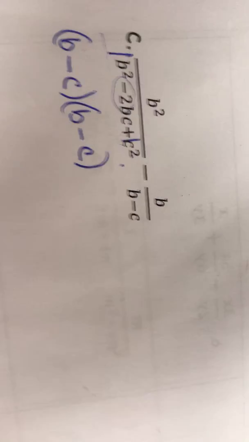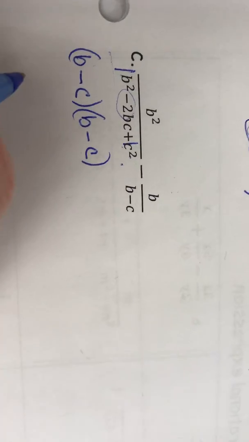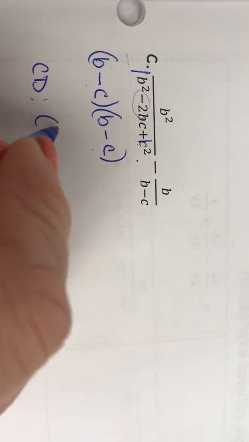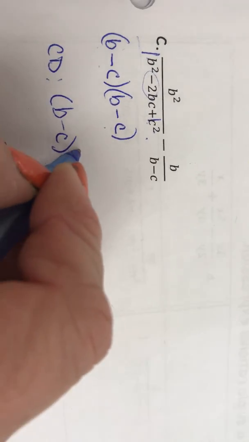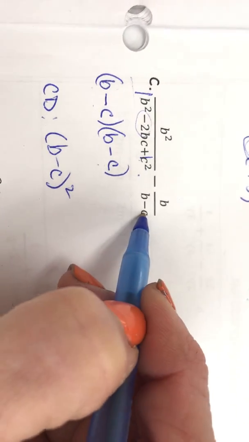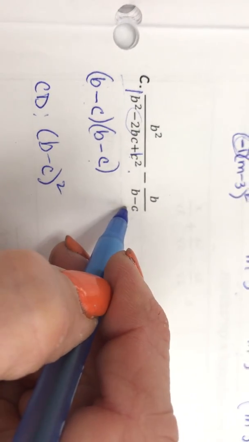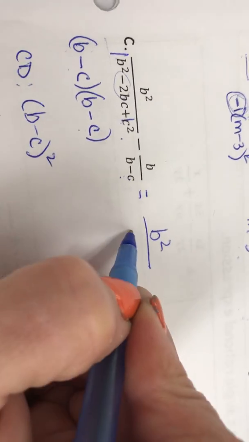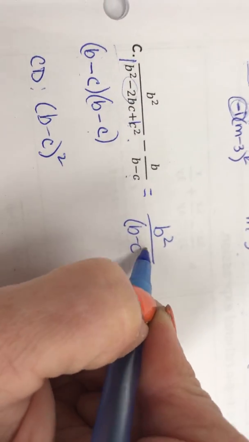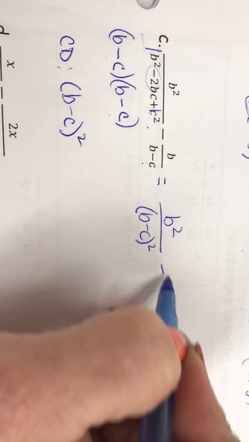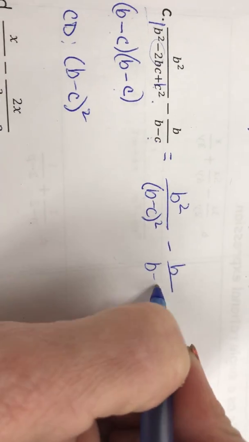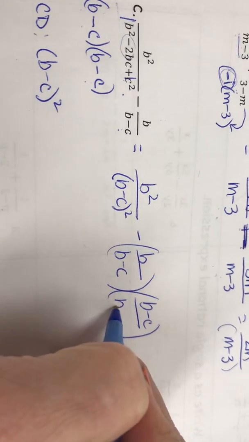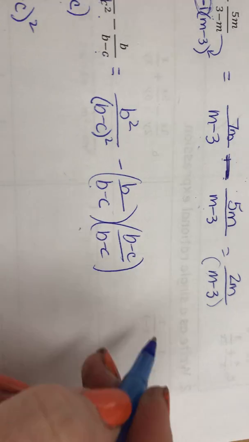So if you notice, as a common denominator, it has b minus c twice, or squared. This doesn't have it twice. So this one is going to need another. So this has b minus c squared, minus b over b minus c, needs another b minus c in order for it to be squared.